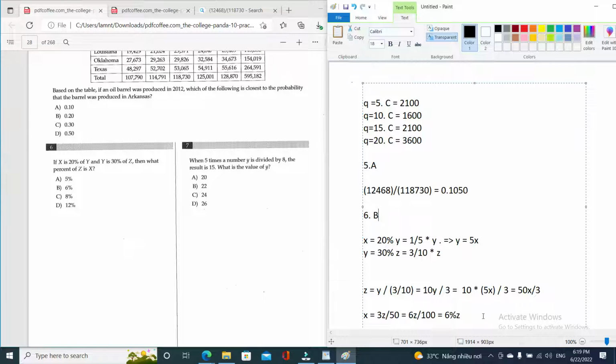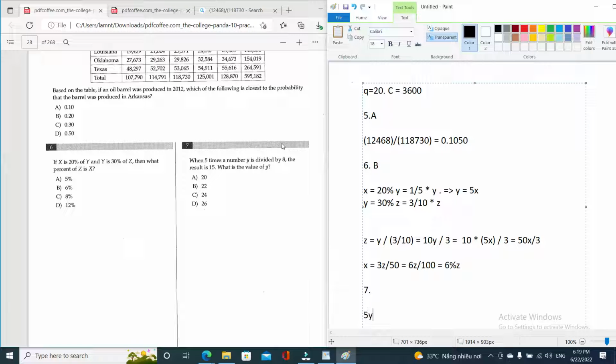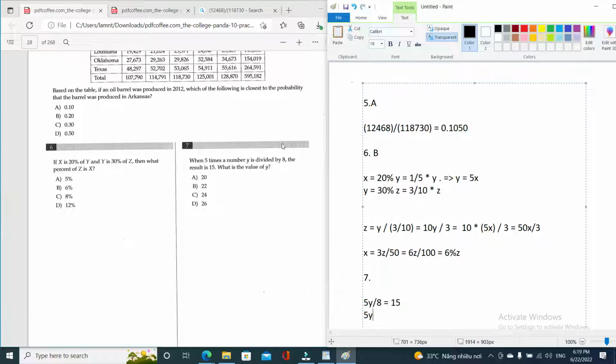Number 7. 5 times a number y, divided by 8, the result is 15. So 5y is 8 times 15.